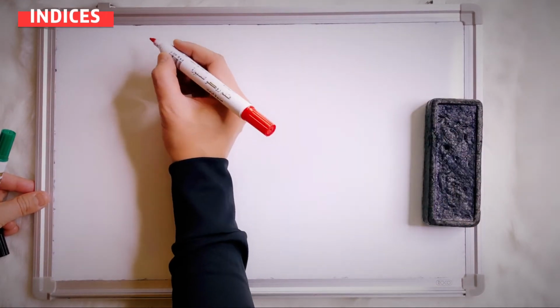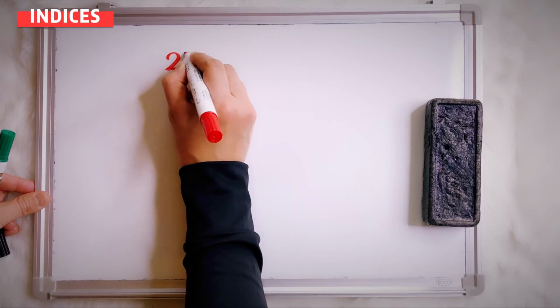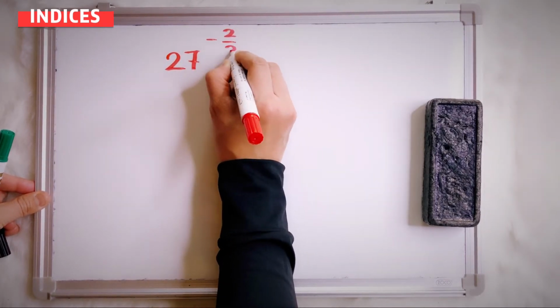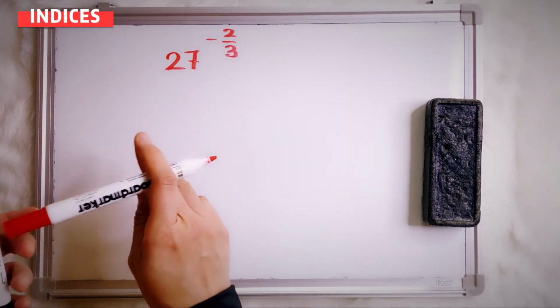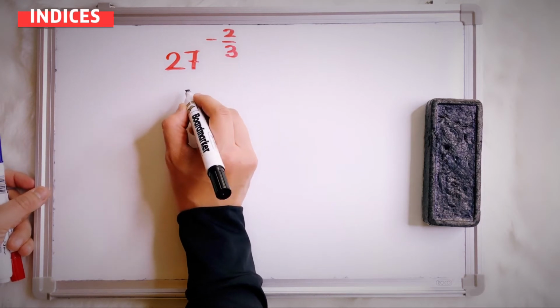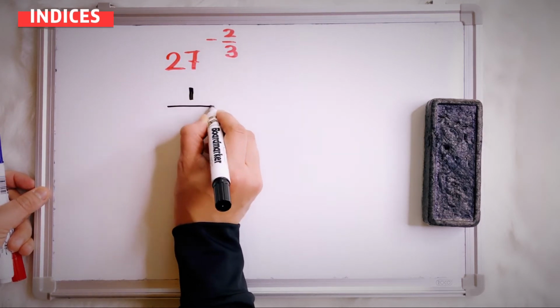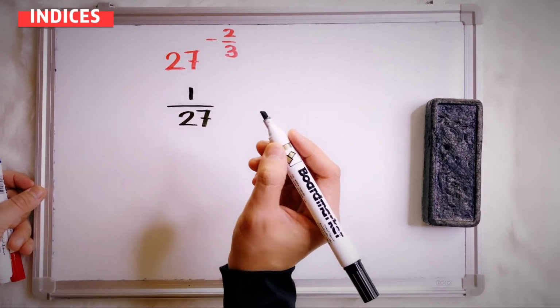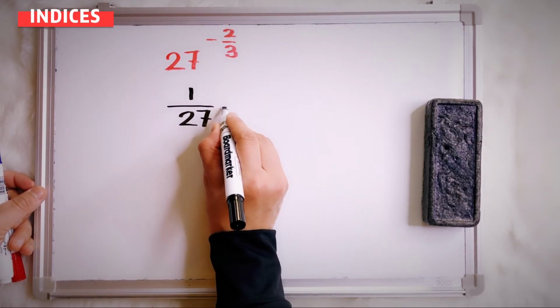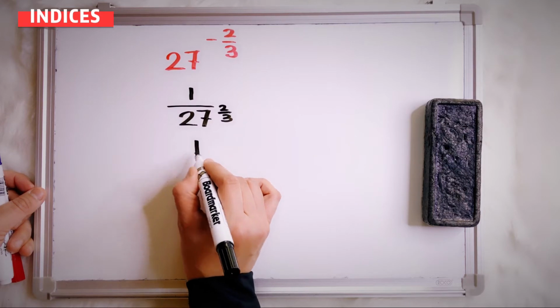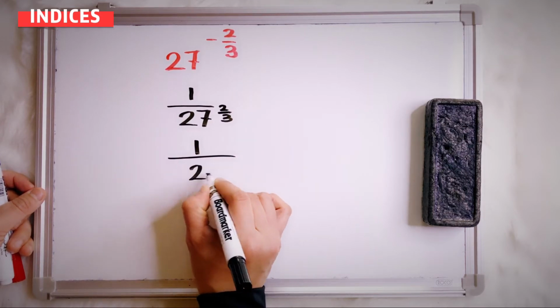Alright, okay. Now, if I give you like this, 27 power of negative 2 over 3. Alright, so we have to get rid of the negative sign here. So that means you have to put 1 over 27. Now here your index, your power becomes positive. You have to put like this, 1 over 27.